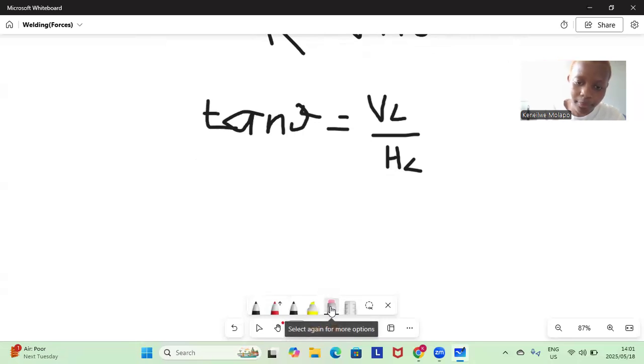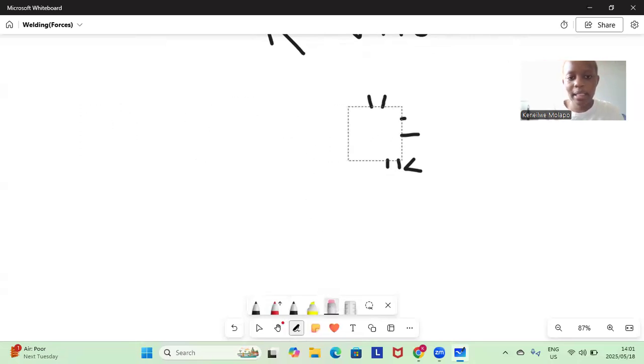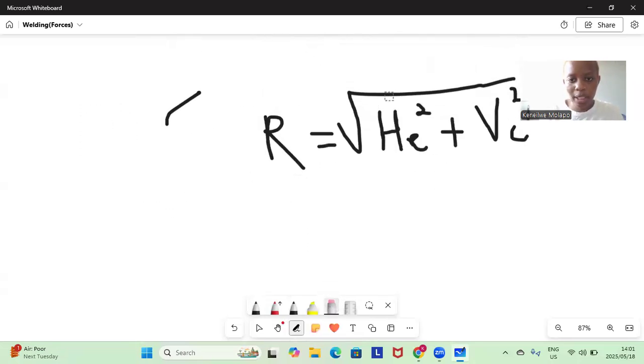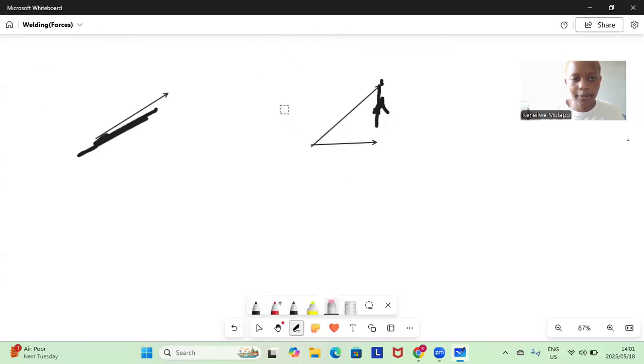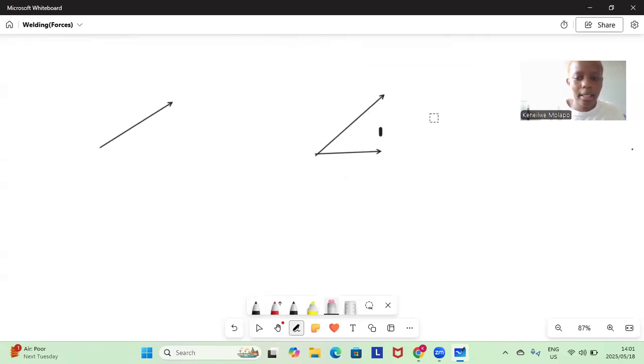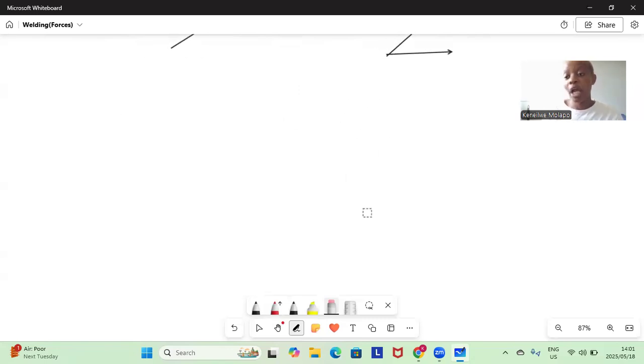So before going to a parallelogram, I want to know if you guys understand this. Don't forget that your horizontal components are your x components, and the vertical components are all of them combined or subtracted.